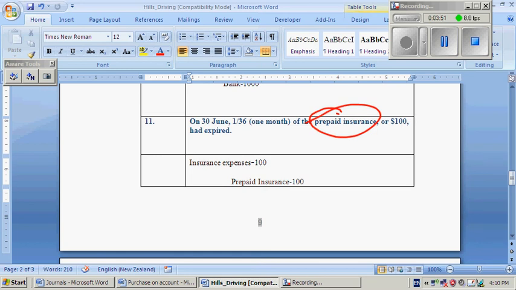Insurance expense is an expense, but if you pay any expense in advance, that becomes a prepayment or prepaid, and all prepaids are assets. But over here, your asset gets decreased, that's why it's a credit, and expense is a debit. So you're paying expenses, so the expense is getting increased, debit, but your asset gets decreased, that's why credit.